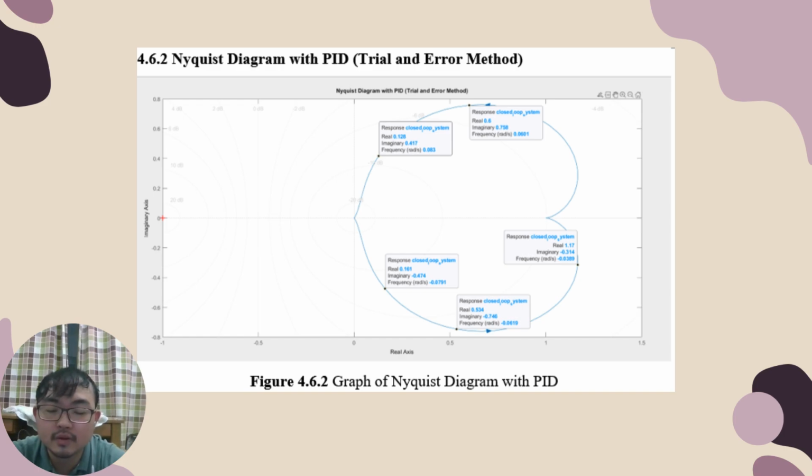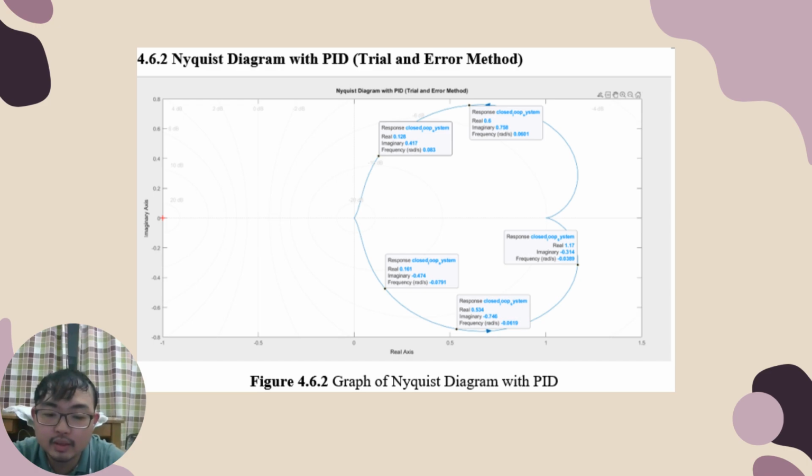Figure 4.6.2 shows the graph of the Nyquist diagram with PID. From the Nyquist diagram of the closed loop system with the PID controller, we can observe that the plot crosses the real axis in an anti-clockwise direction. This indicates that the system maintains stability within the given parameters.